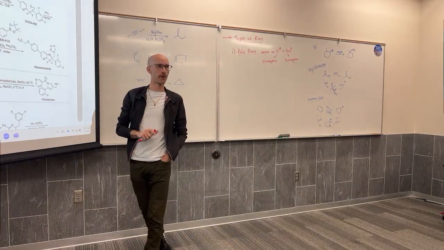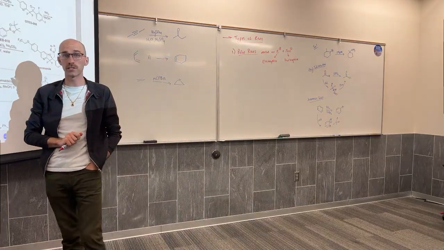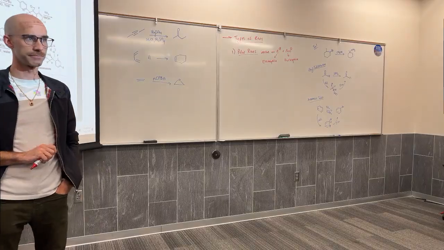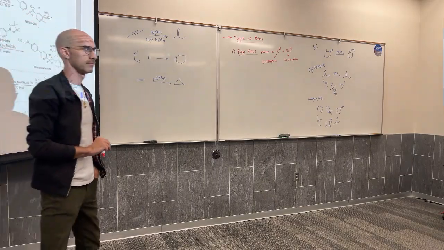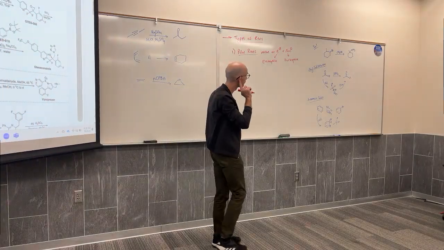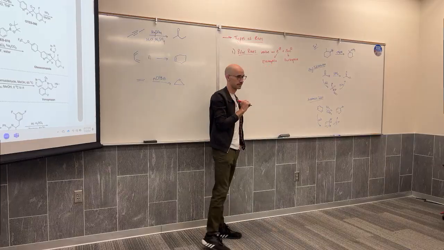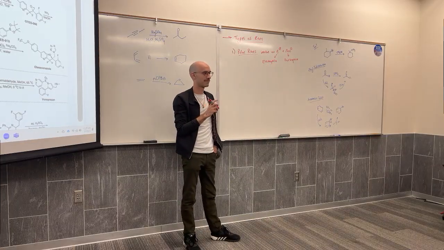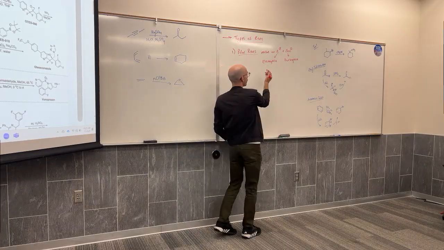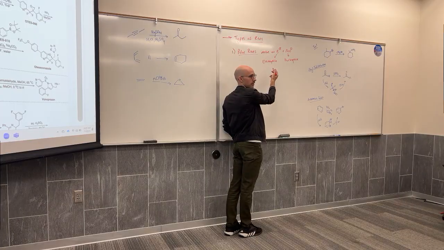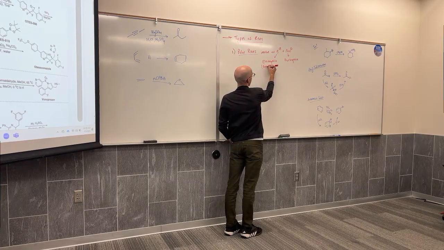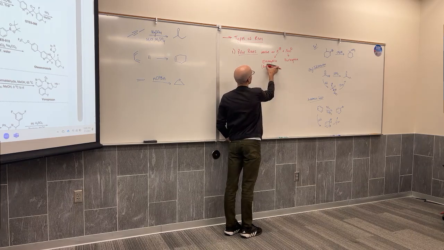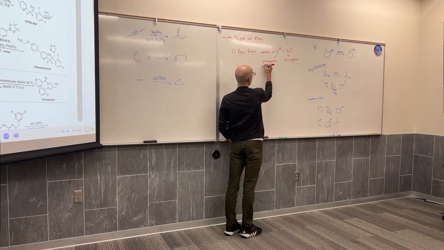Help me remember which one does what in a reaction. So the positive is the electrophile. It loves negative charges. It loves electrons. Good. So this is our Lewis base.